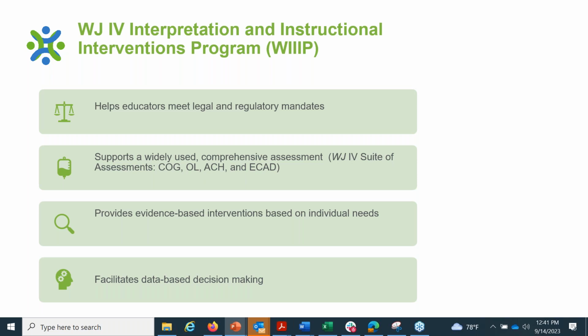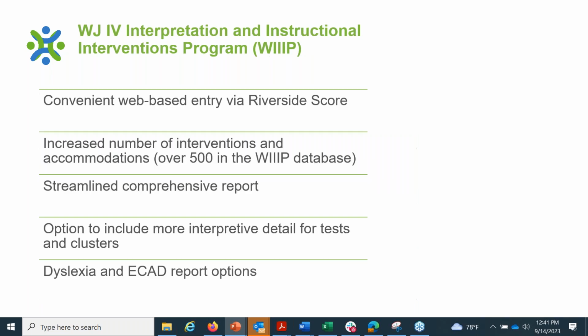Based off of how that student performs on the test, recommendations for interventions will pop up, and the evaluator can pick and choose which recommendations they want to include in the report. The features are available for the COG, the oral language, the achievement, and the ECAD. So again, it helps us really facilitate data-based decision making as well.